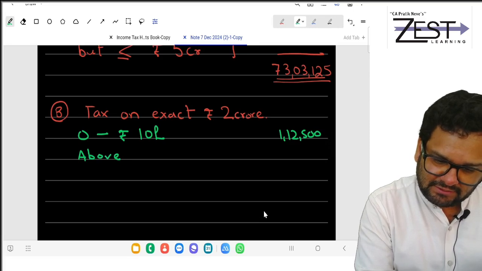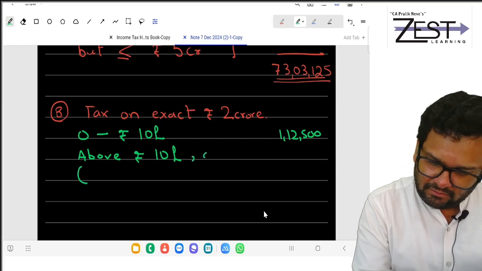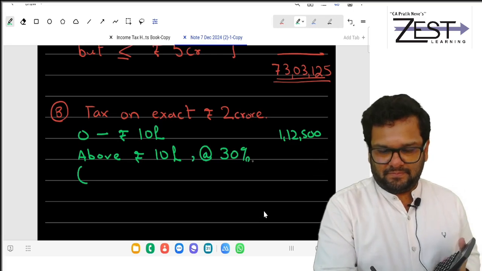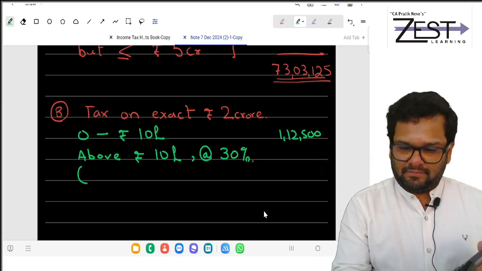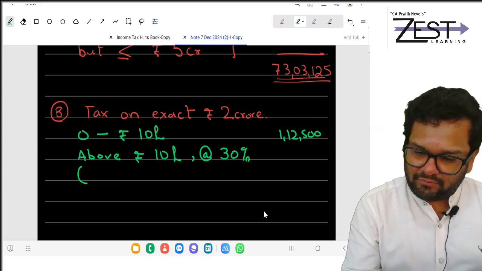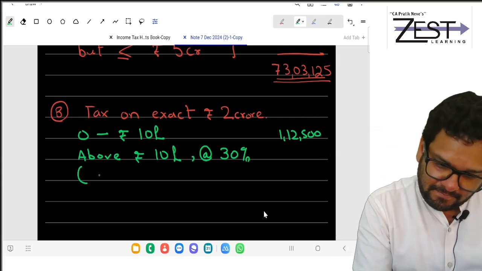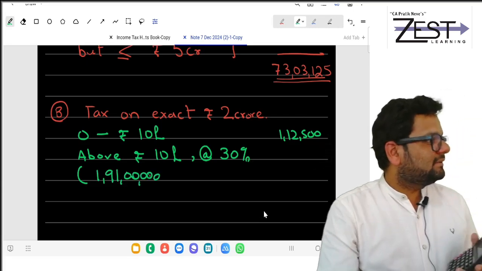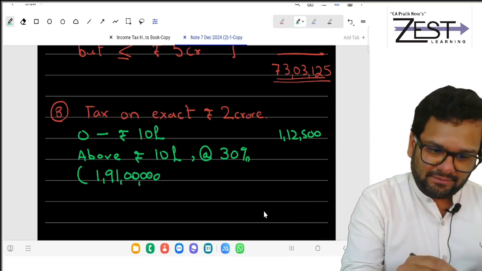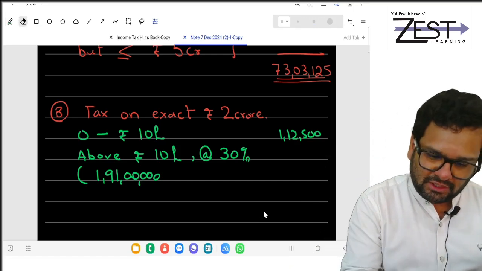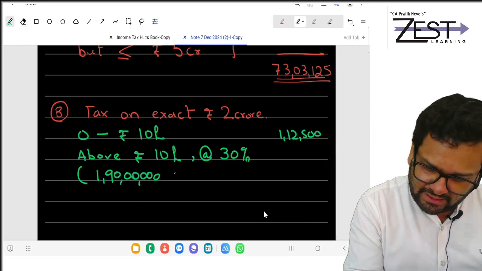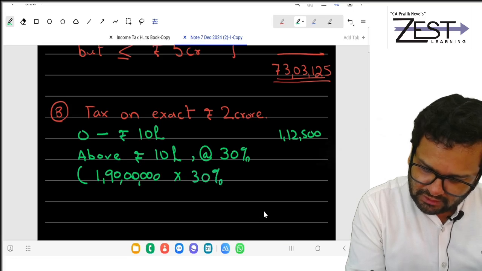Above 10 lakhs at 30%. So how much you have above 10 lakhs? 1 crore 90 lakhs, because exact 2 CR. So 1 crore 90 lakhs into 30%.